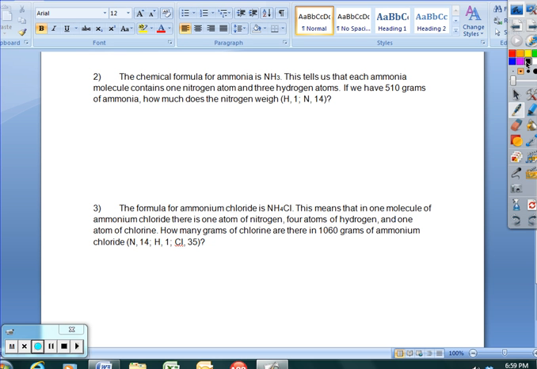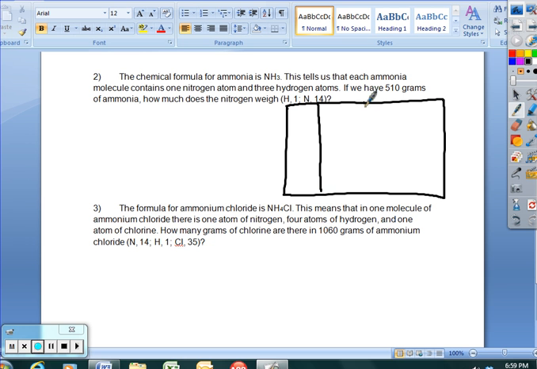Again, we want to go ahead and set up our chart with our 3 columns. We have our elements, weight in grams, and our solution. The elements that we're dealing with are nitrogen and hydrogen, and they come up with a total for our ammonia. Notice in the chemical formula NH3, there's only 1 nitrogen atom, and each nitrogen atom has a weight of 14 grams.